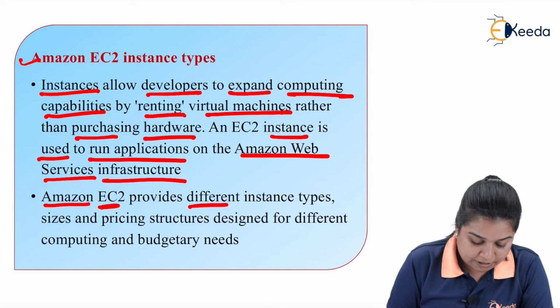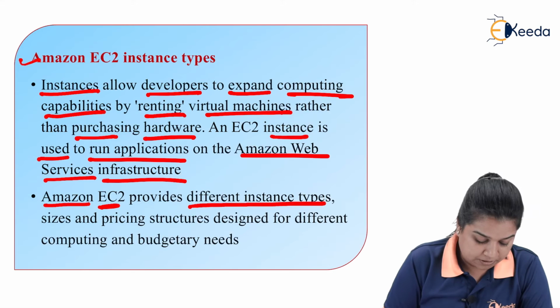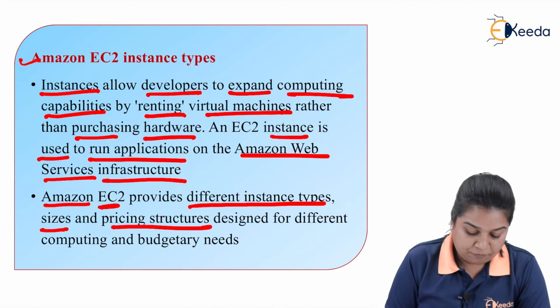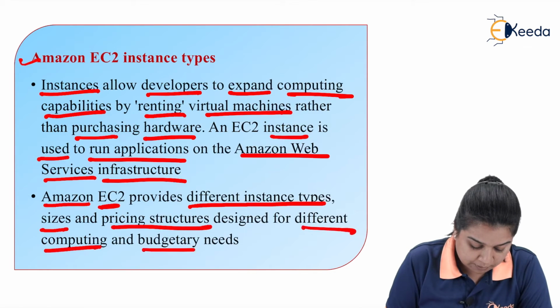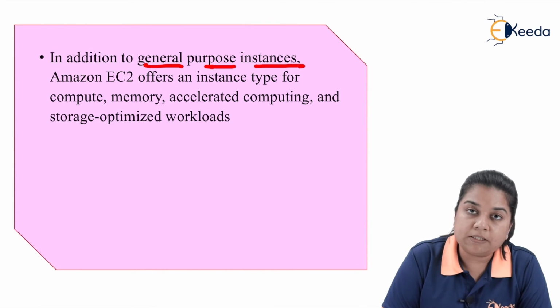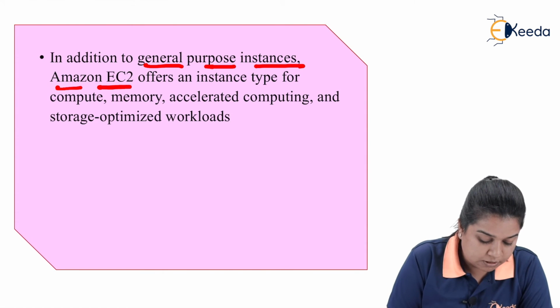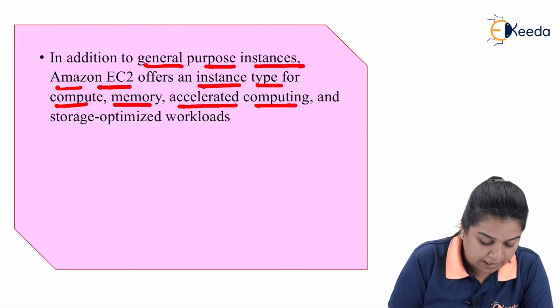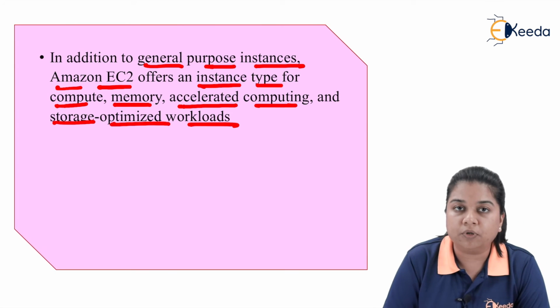Amazon EC2 provides different instance types, sizes, and pricing structures designed for different computing and budgetary needs. In addition to general purpose instances, Amazon EC2 offers an instance type for compute, memory, accelerated computing, and storage optimized workloads.